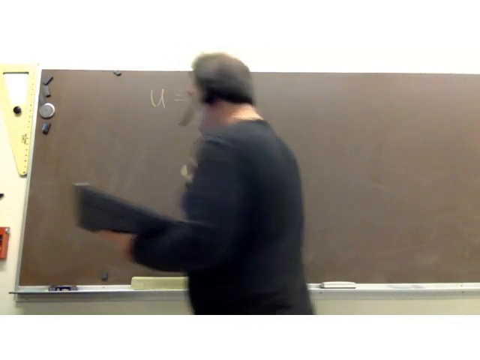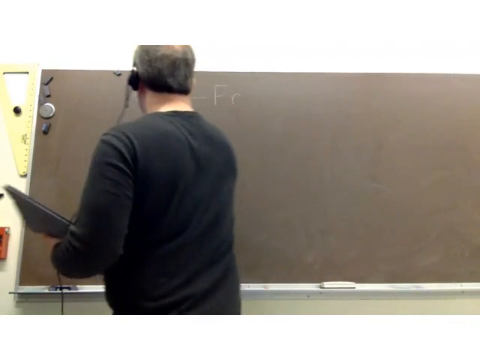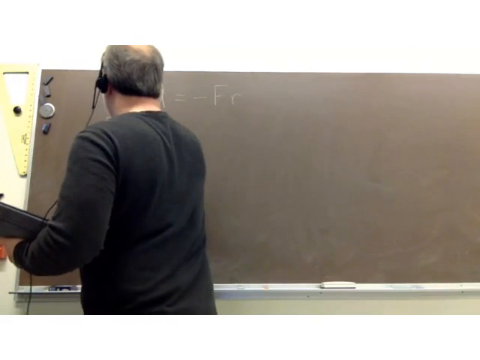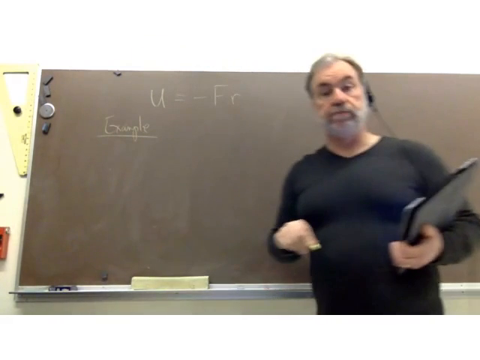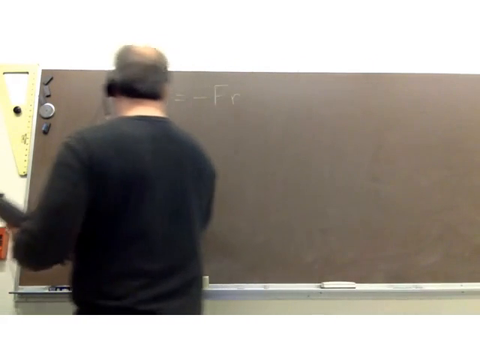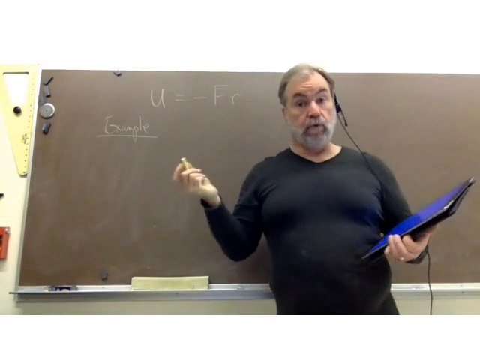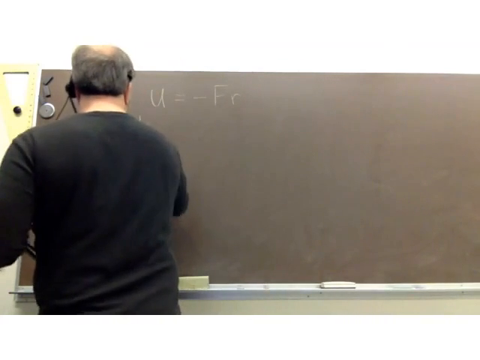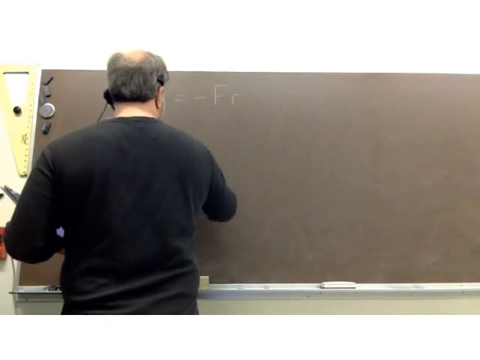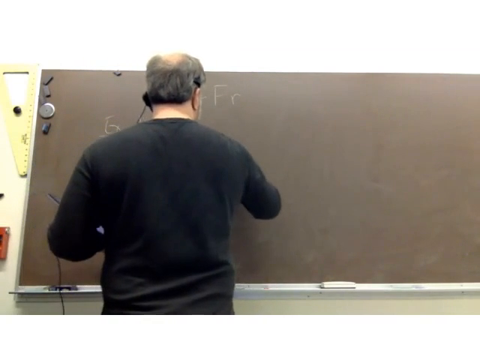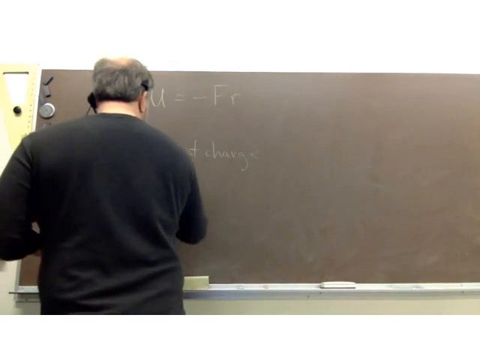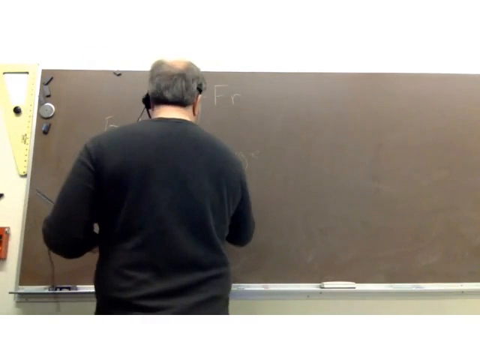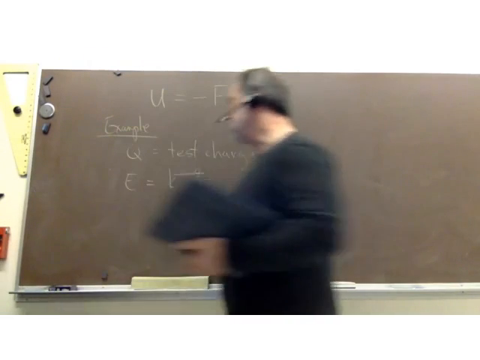The reason for that notation is that the electric field through which our test charge moves is the electric field of a point charge. So we'll let little q be our test charge, and our electric field be kQ over R squared.